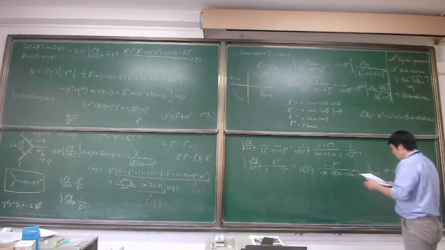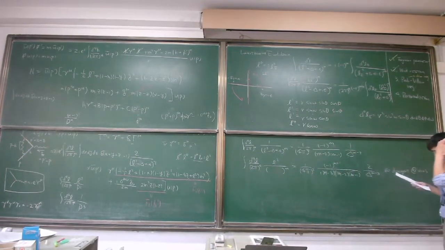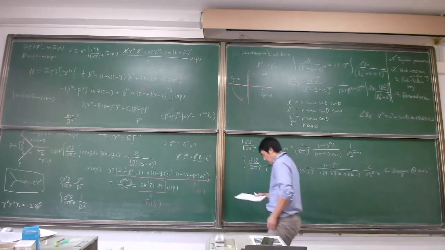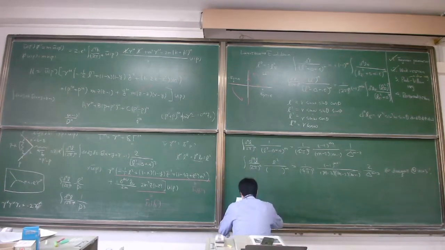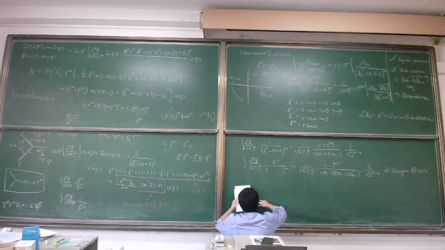So the dimensional regularization is that, since this is coming from UV divergence, what we need to do is introduce the following thing.